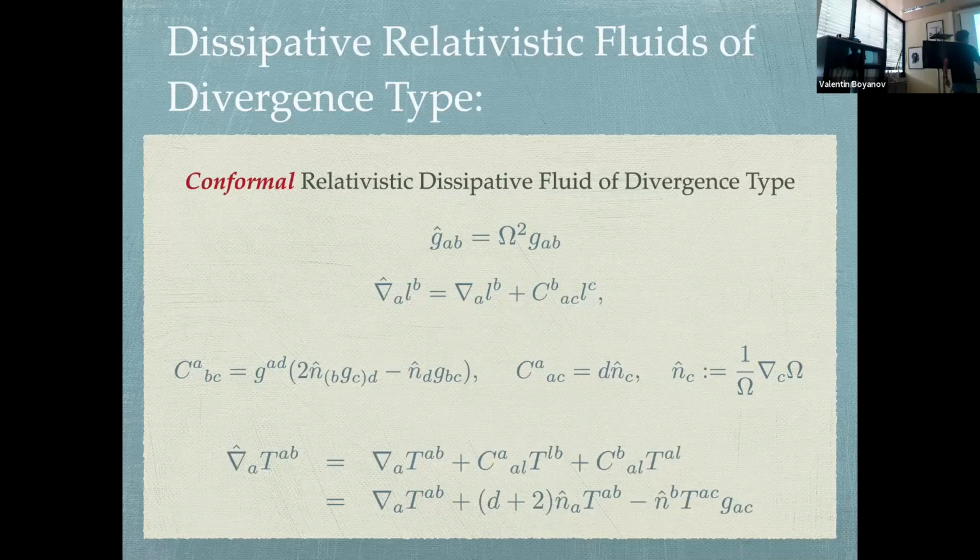And you see this term here is a gradient. So you can absorb it by changing the weight of the field, saying it goes like omega to some power. So you can always absorb this term. And so we know that the theory will be conformally invariant for some weight if the trace is zero. That's a condition. So your T's have to have trace zero to all orders.